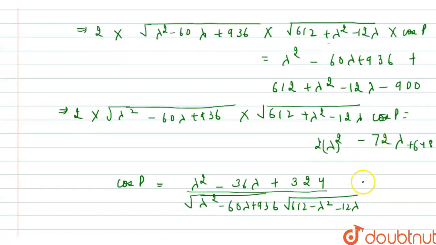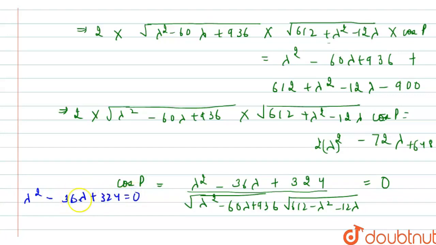Now the angle is maximum when this is equal to 0, because cos of 90 degrees is 0. So if the angle is 90 degrees, it would be equal to 0, because in the question we are asked for the maximum. So from here we get a quadratic equation, lambda square minus 36 lambda plus 324 equals 0.